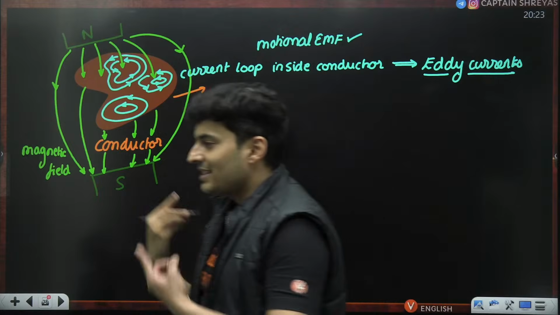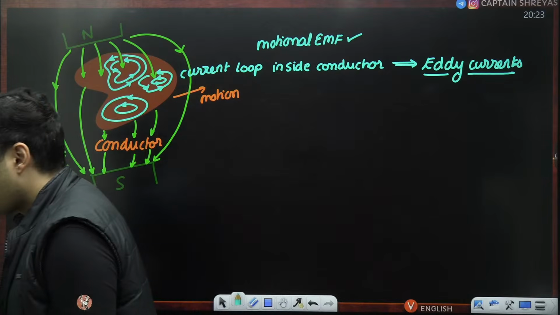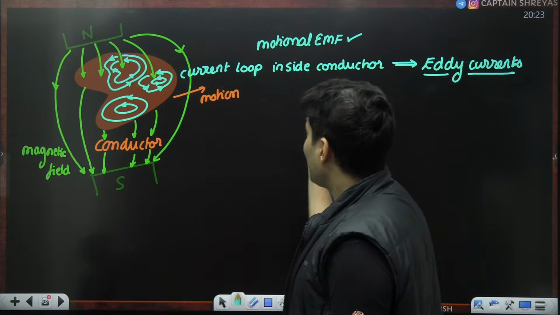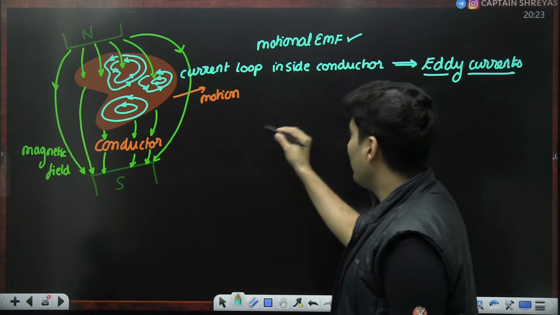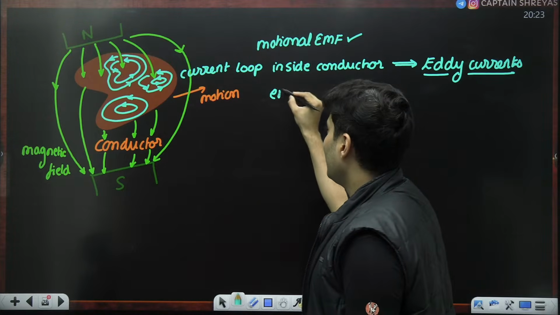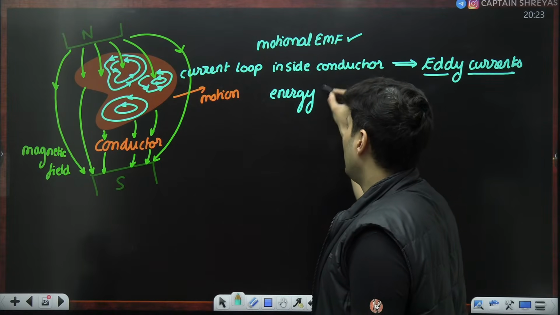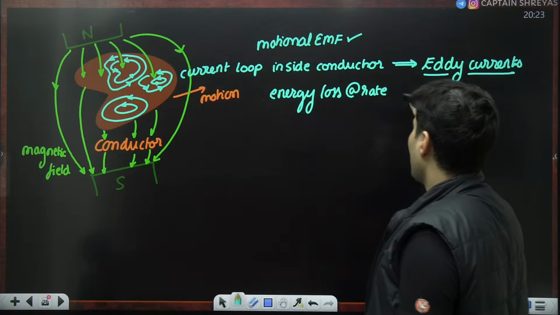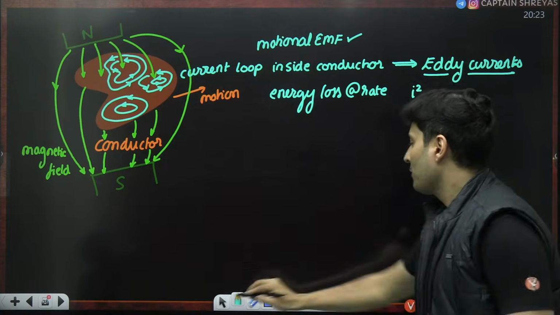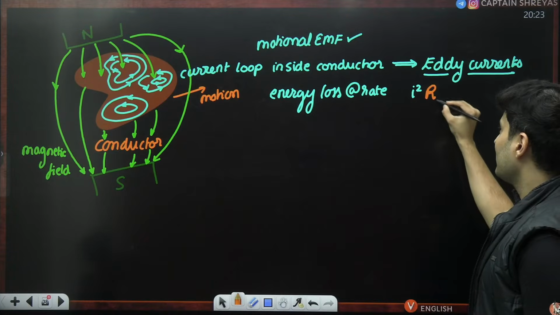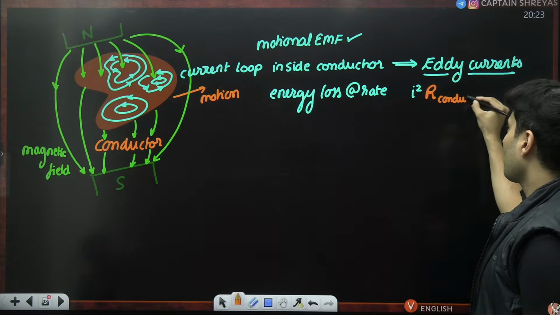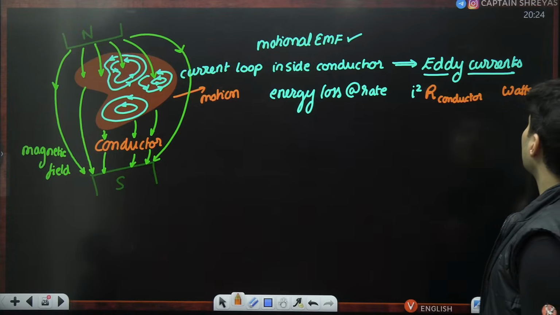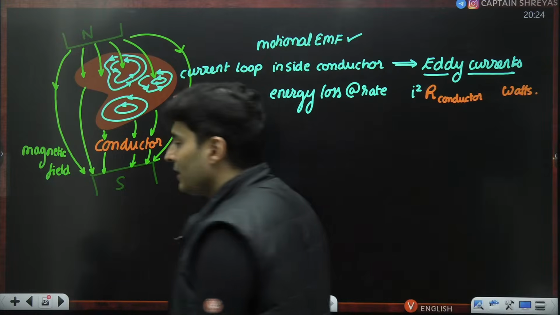Now, because these eddy currents are formed, there is energy loss at the rate of current squared multiplied by the resistance of the conductor. Yes, this is in watts. I squared R, heat loss happens.